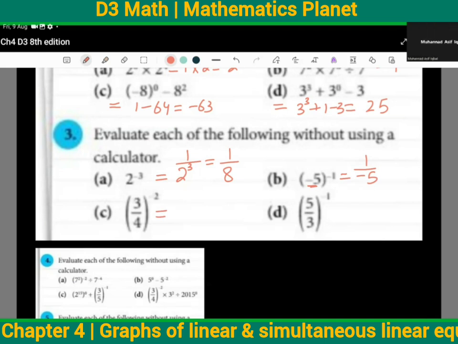Whose turn will it be? Yes. It will be 9 over 16. No, wrong. It's minus 2. Solve it again.